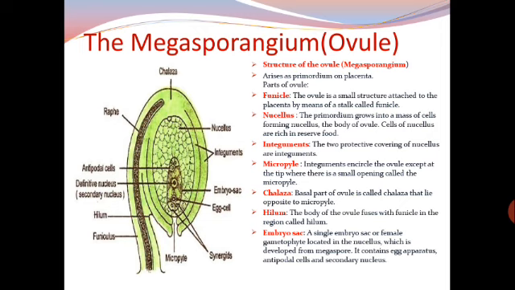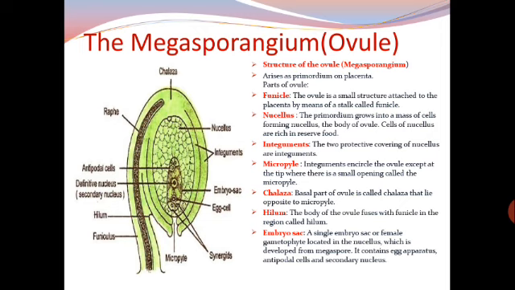The ovule is a small structure which is attached to the placenta. It has different parts like funicle, nucellus, integuments, micropyle, chalaza, hilum and embryo sac. Let us discuss one by one.